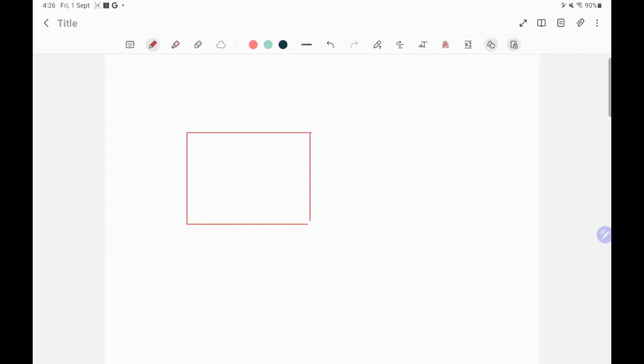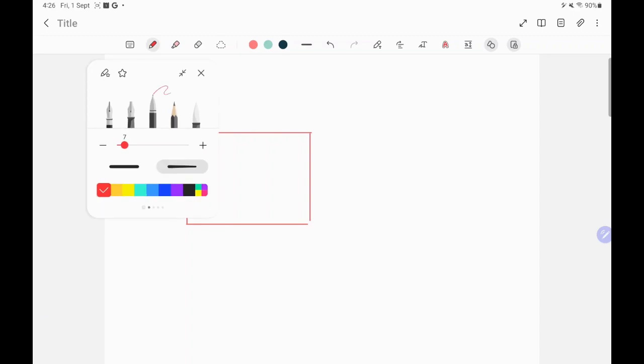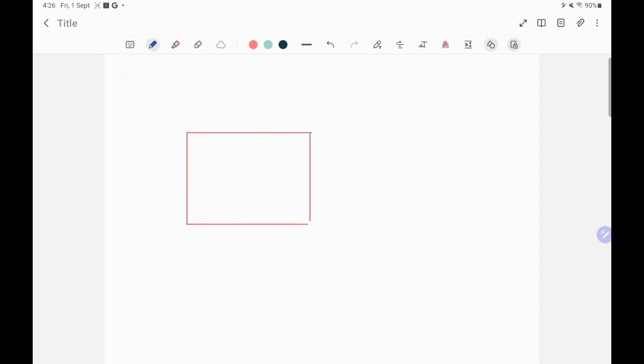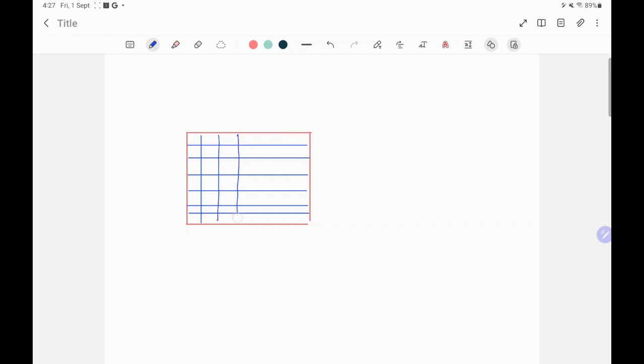Now you have to discretize it. What does that mean? You will keep on dividing it.